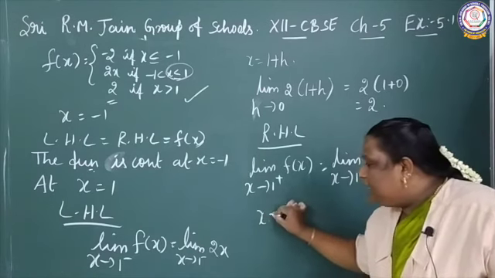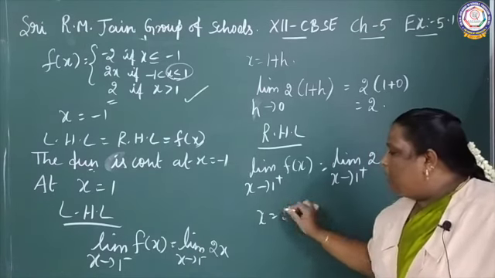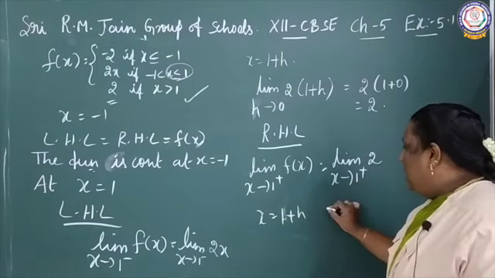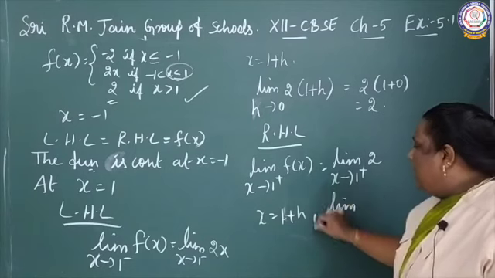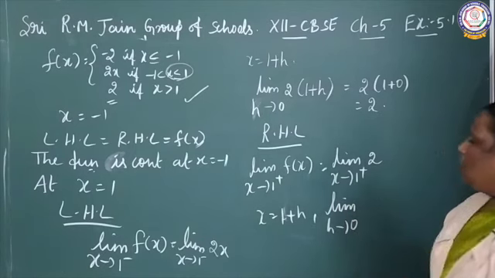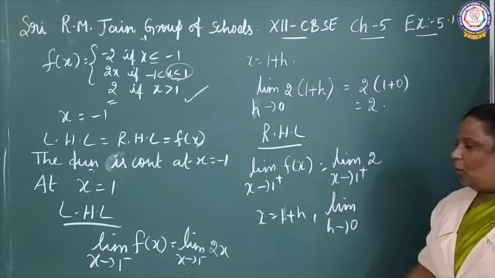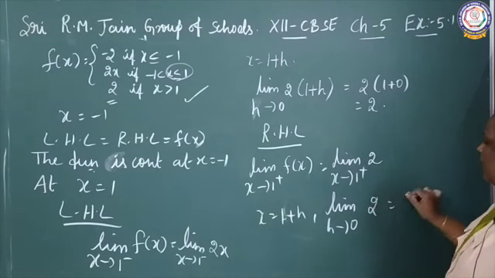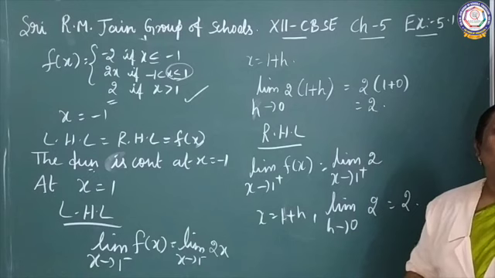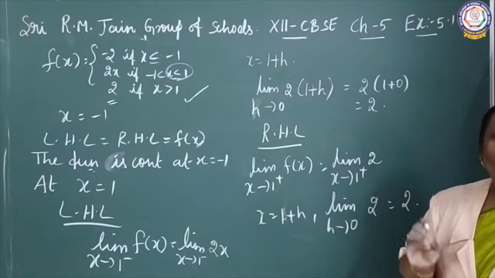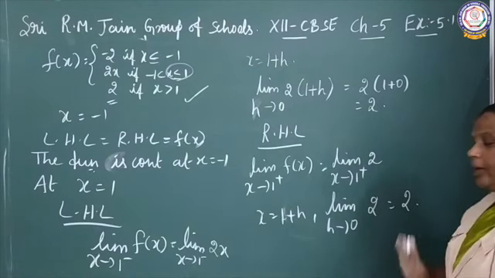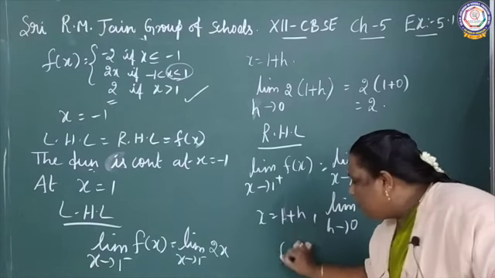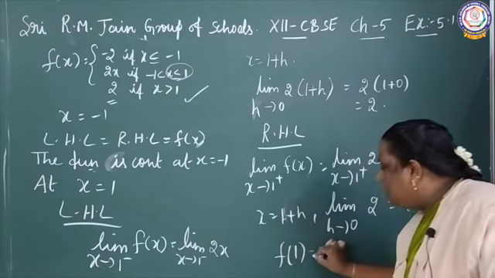You can replace x by 1 plus h, but the value is 2 only. The answer is 2 because there is no x value here, only numerical values, so straight away you write 2. Then you will check f of x also. See, f of 1.